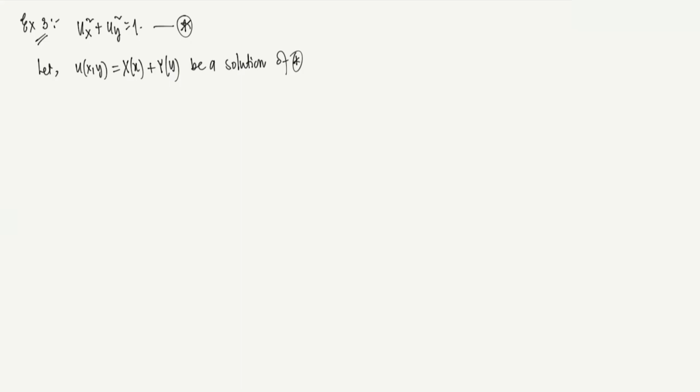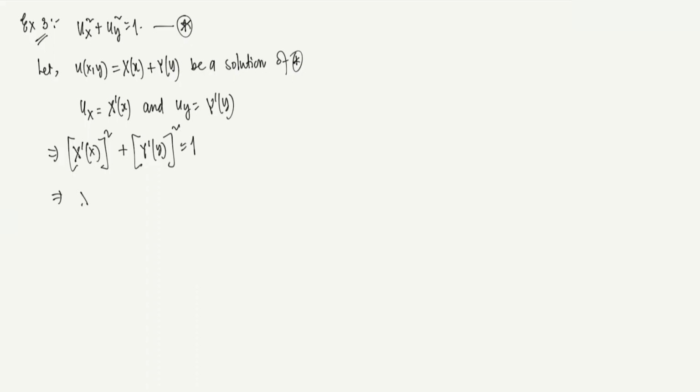Now, what happens is, let us put it here. u_x is nothing but X prime of x, and u_y becomes Y prime of y. So this actually becomes X prime of x, the square of that, plus Y prime of y, the square of that, is equal to 1.